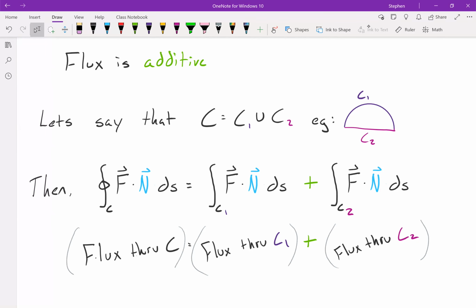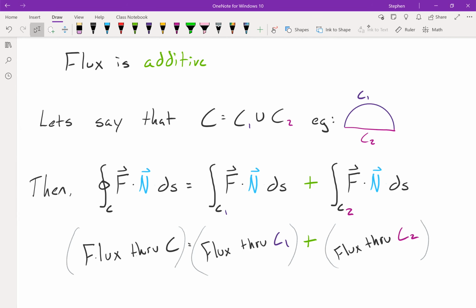But I digress. When I say that flux is additive, I mean that if we want to define our curve as the union of two separate curves, I'm giving the hemisphere over here as an example. C1 is the upper curved part of the hemisphere. C2 is the horizontal line that connects the two ends of the hemisphere together.